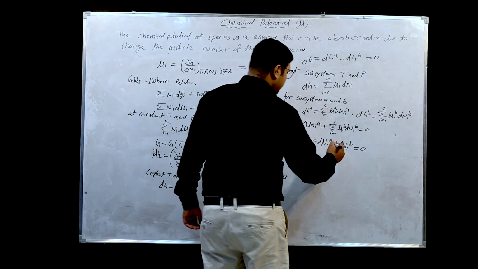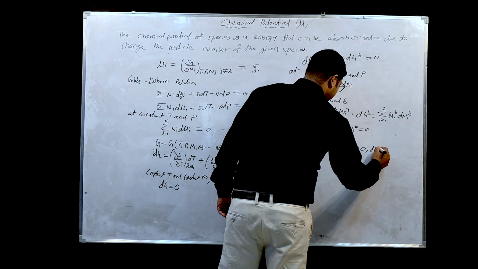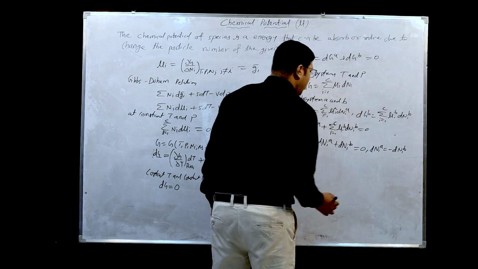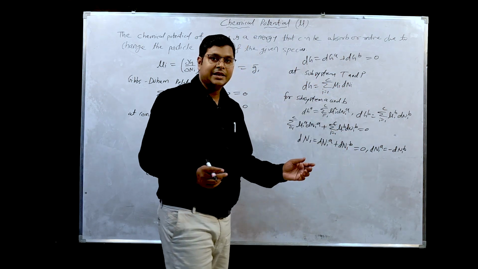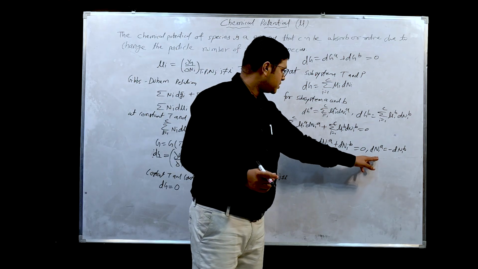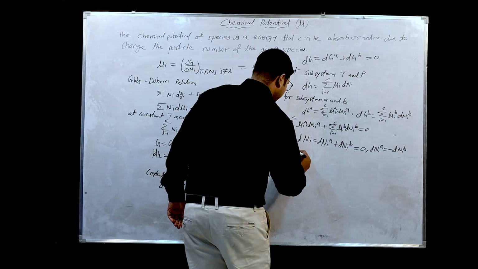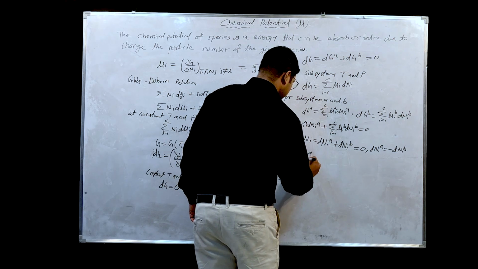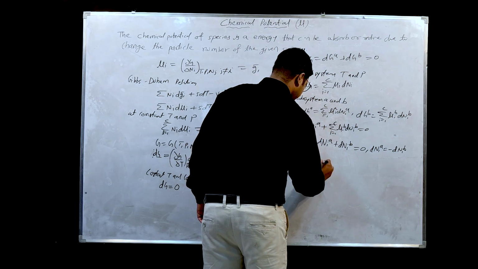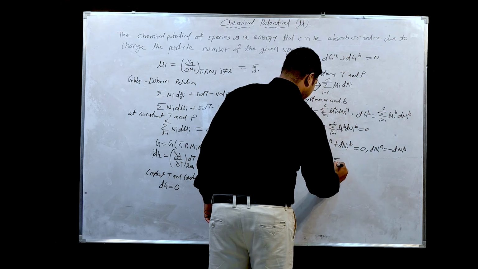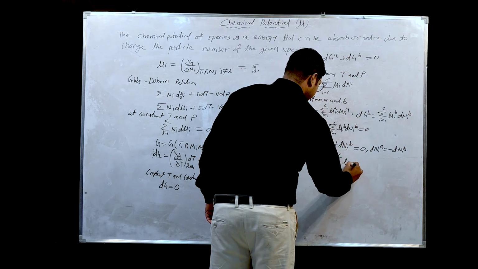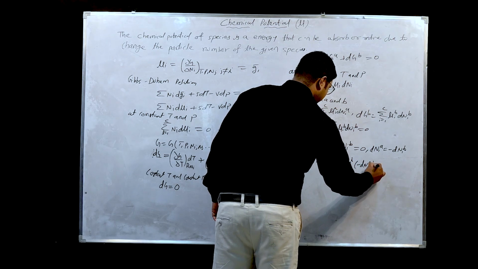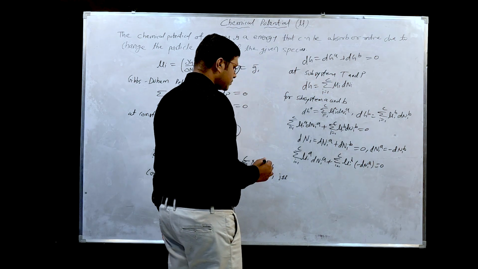So dNiA is equal to minus dNiB, or dNiB is equal to minus dNiA. Let's put this value into the above equation and see what happens. So dNiA plus the sum from i equal to 1 to C of mu iB, now with minus dNiA, is equal to 0.